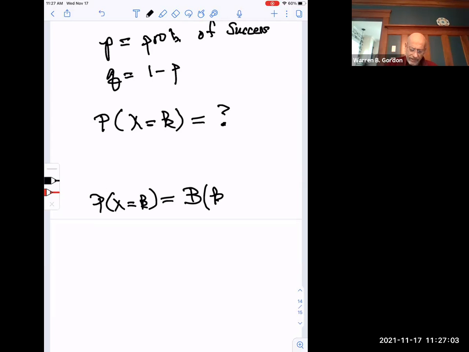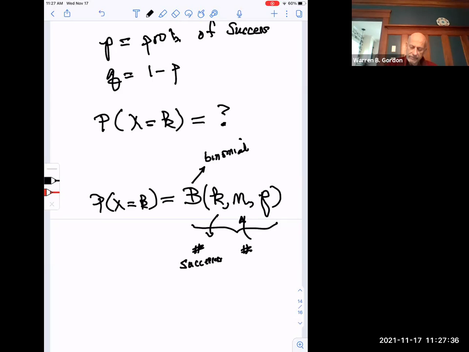I'm looking for K successes from N attempts, or trials, and the probability of success is P. So this is just another notation showing that the answer depends upon, one, it's binomial. K is the number of successes. N is the number of trials. And P, of course, is the probability of success.